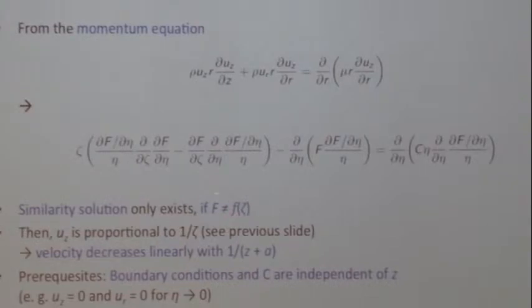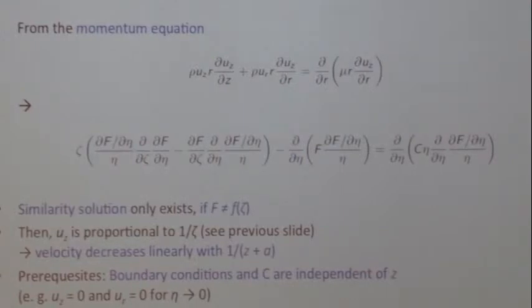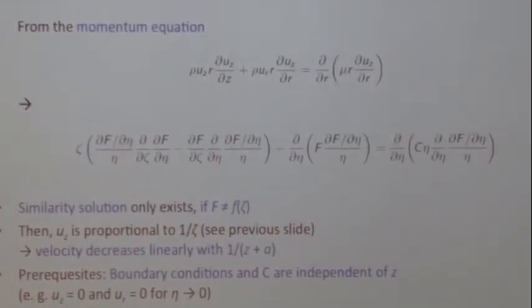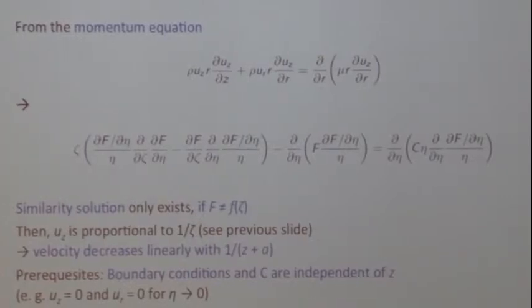Now we have to say if a similarity solution should exist, then this stream function cannot be a function of zeta anymore. That's the condition. Basically the non-dimensional solution now cannot be a function of the nozzle distance anymore, because the similarity solution says the scaled solution has to be the same everywhere in the field, okay?